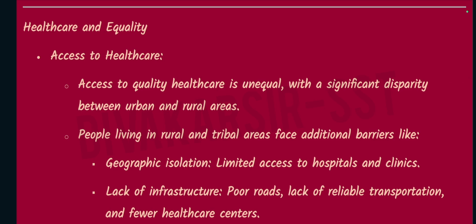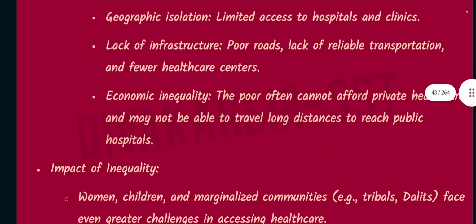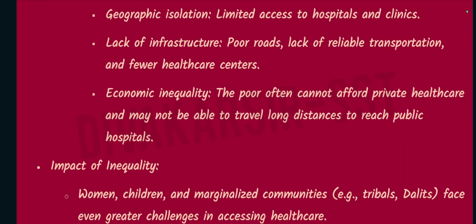Healthcare and equality. Access to healthcare. Access to quality healthcare is unequal, with a significant disparity between urban and rural areas. People living in rural and tribal areas face additional barriers like geographic isolation, limited access to hospitals and clinics, lack of infrastructure, poor roads, lack of reliable transportation, and fewer healthcare centers.